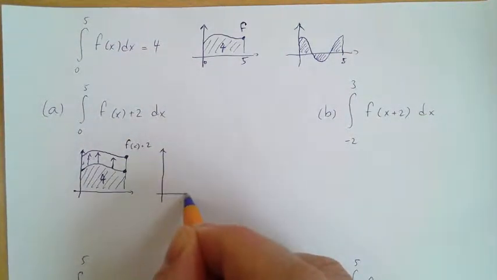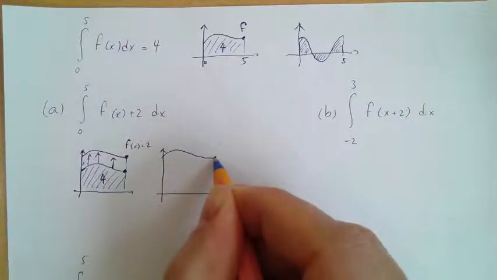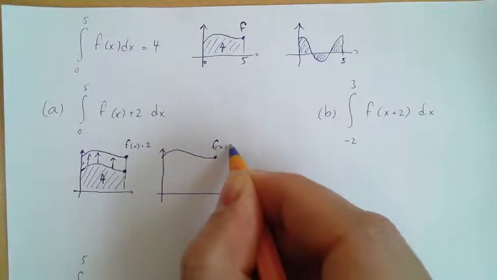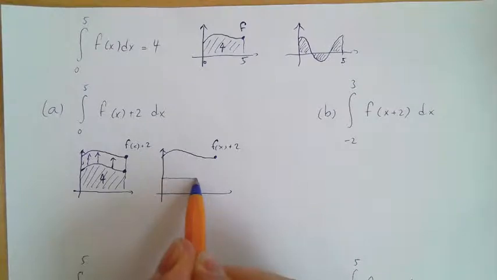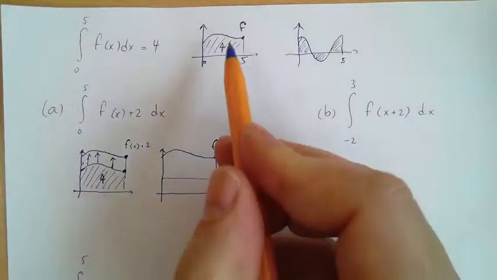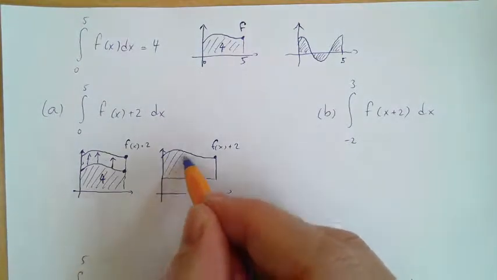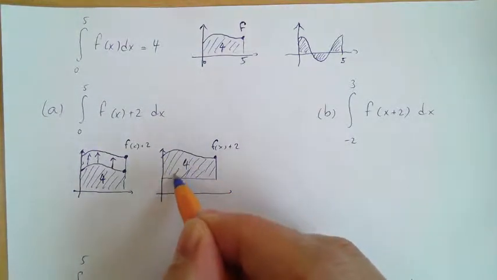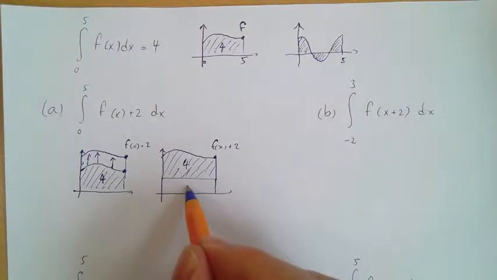So, another way of interpreting the exact same function f of x plus 2 is like this. It's to say, well, the function went up, and I'm going to take the entire area 4, so it has the same shape as this here. This is equal to 4. And what's added to that is below it.